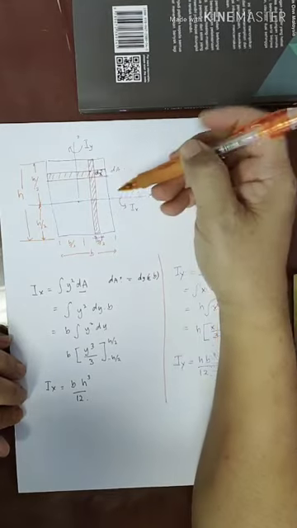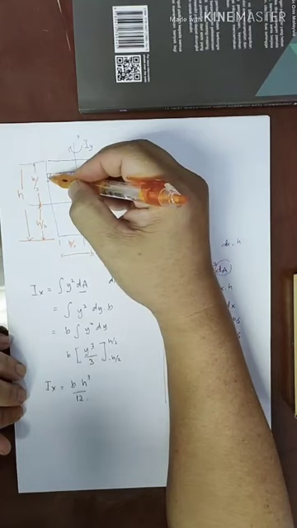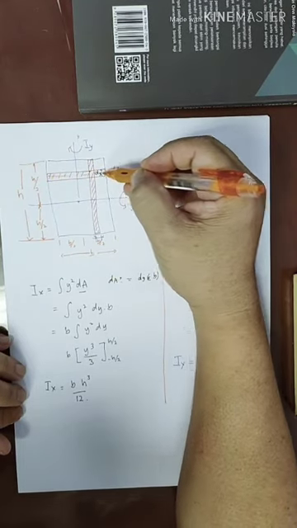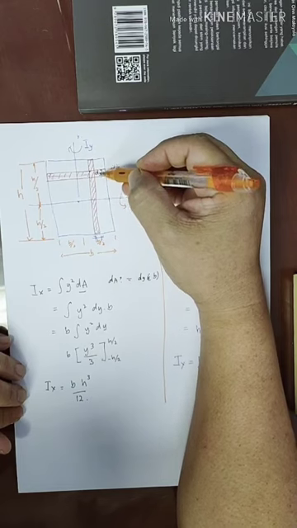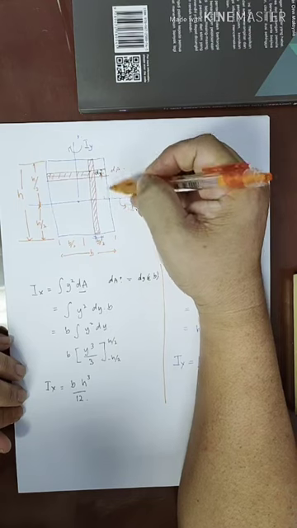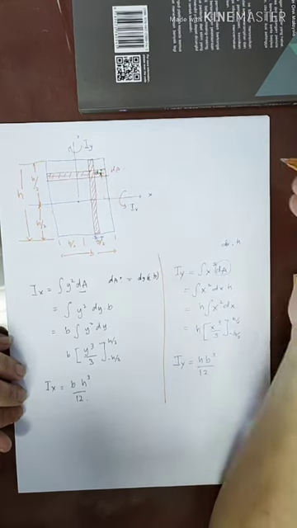So let's say for this one, for the x, the b is fixed, but the h varies, and then the h will have the cubic function.